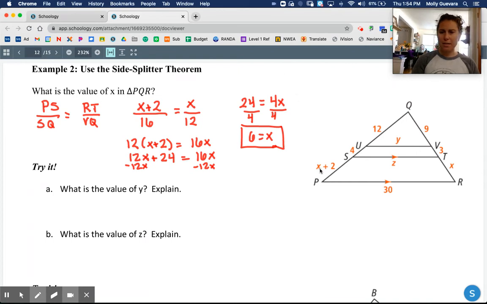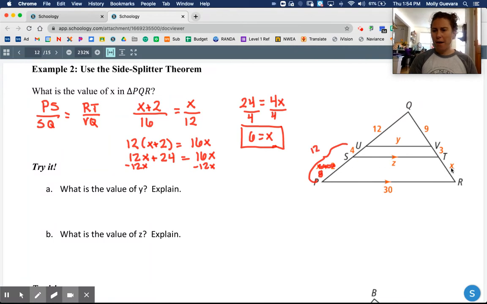That means this length right here, 6 plus 2, is 8. So this length is 12. And that means this right here is 6. So this length is 9.